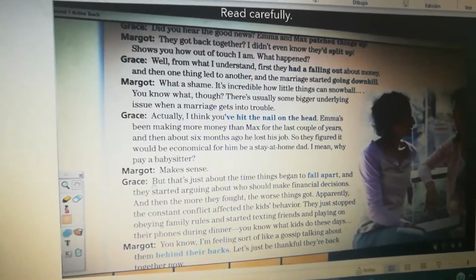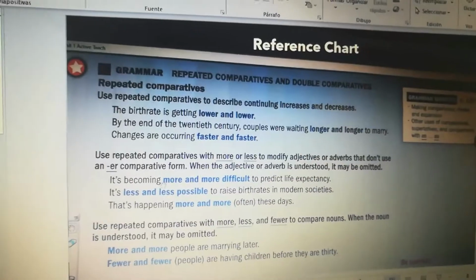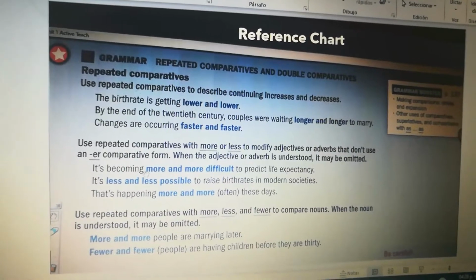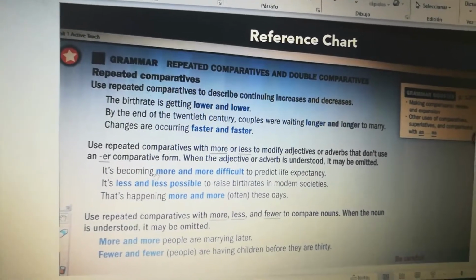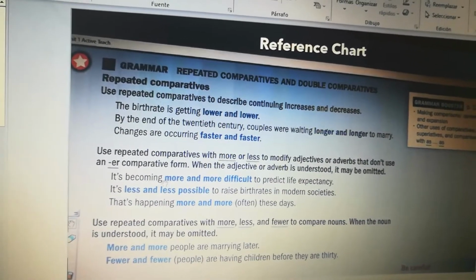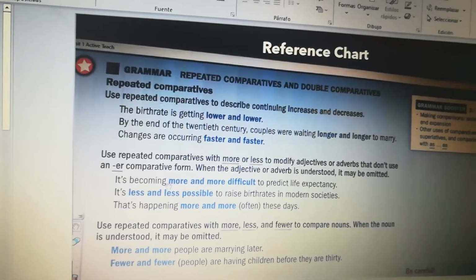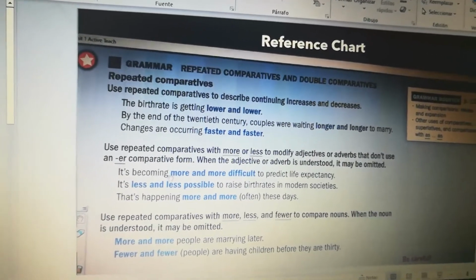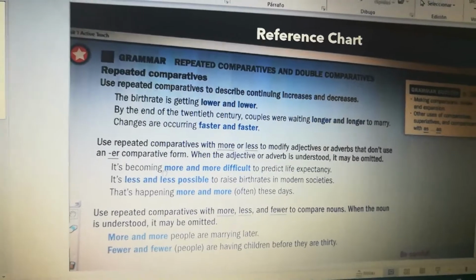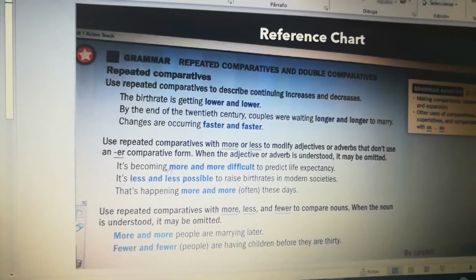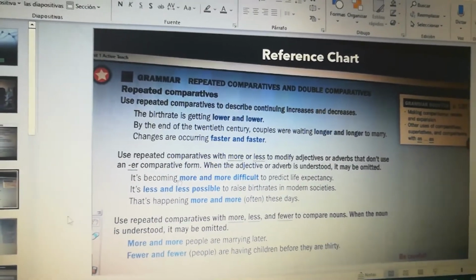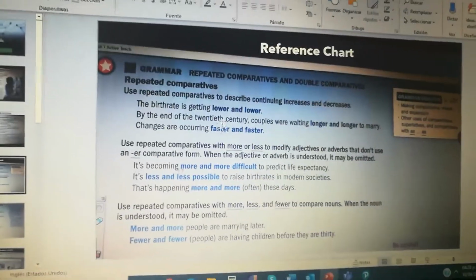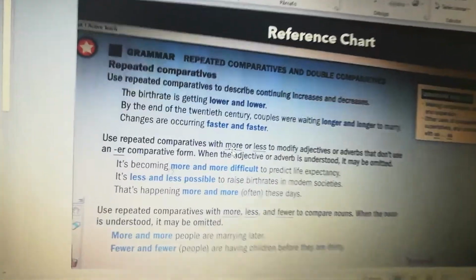So next you have the reference chart. The reference chart is the same as the book, where you have the grammar you work on in the whole unit. In this case, for example, repeated comparative and double comparative. And you have the explanation about this and the examples, okay?